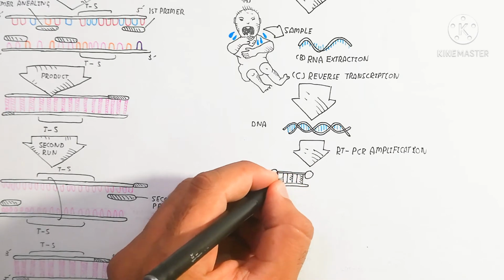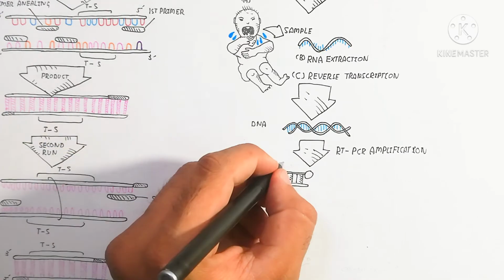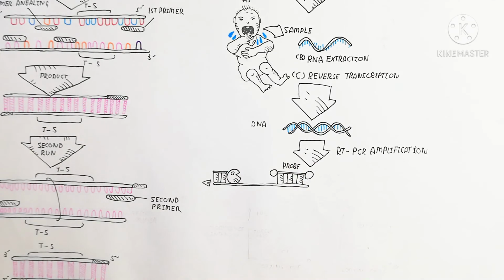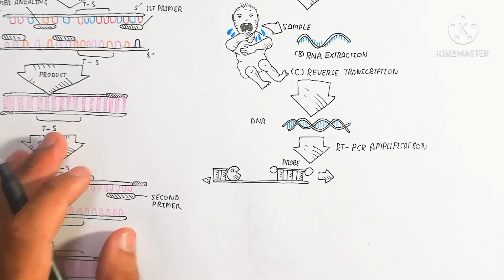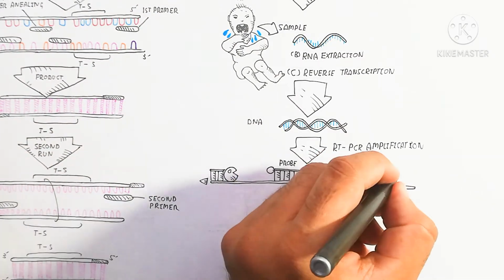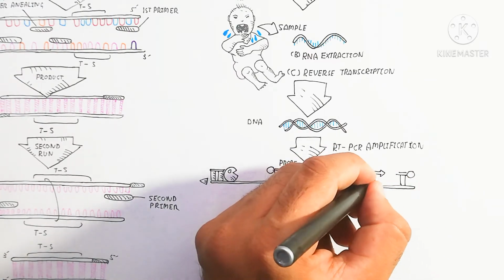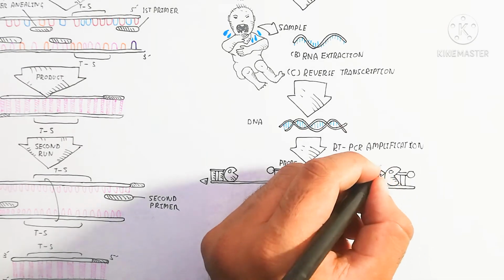of the DNA. So basically after denaturation, annealing, and extension, this extension is where DNA is dyed and nucleotides are added. So this DNA is dyed by the probe. So that probe is attached.